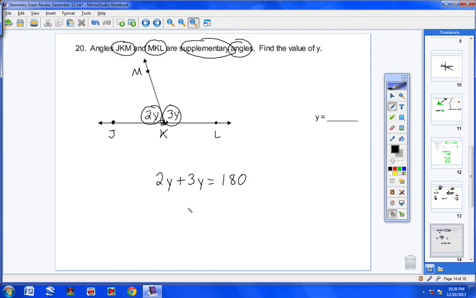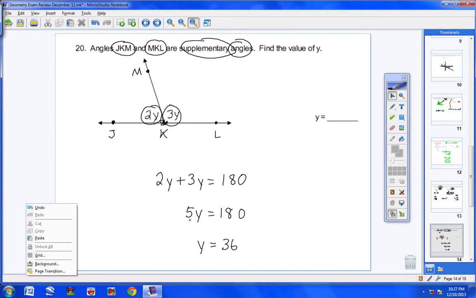2y plus 3y would be 6. That's incorrect. Would be 5y. Equals 180, and then we're going to divide both sides by 5, and if we do that, we're going to get 36. Not 36 degrees, just 36. All that we're doing here, we're not solving for an angle, we're just solving for y.